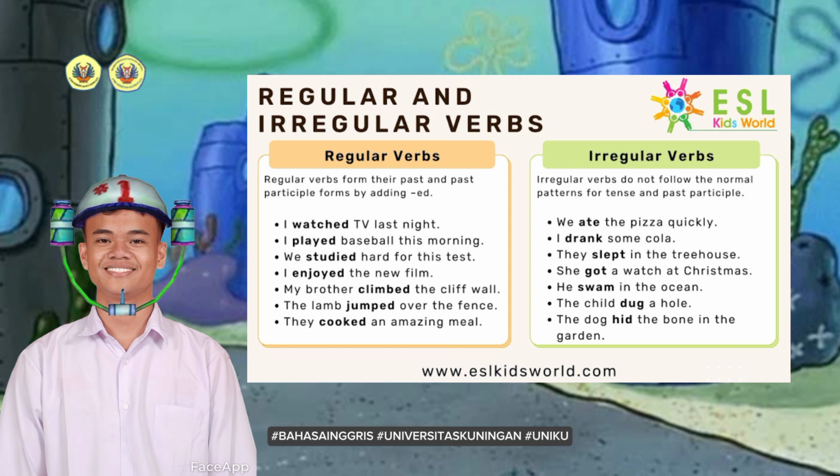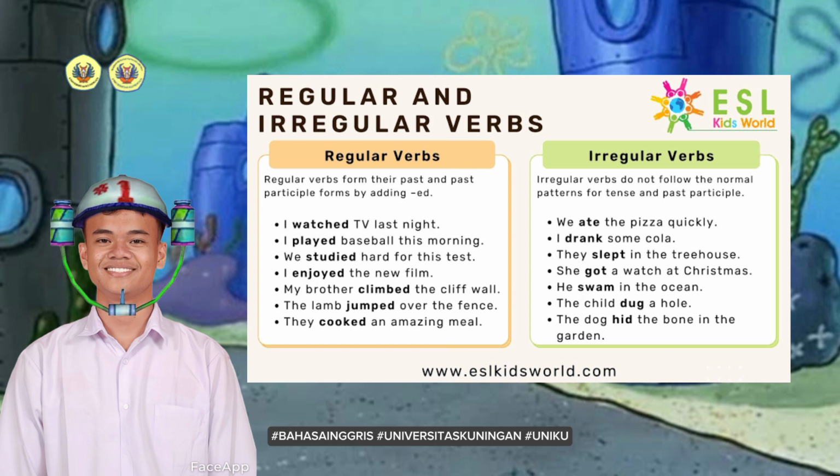Irregular verbs, on the other hand, do not follow the regular add -ed pattern when forming the past tense and past participle. They have unique, often unpredictable forms. For example, go becomes went in the past tense, which is not formed by simply adding -ed.